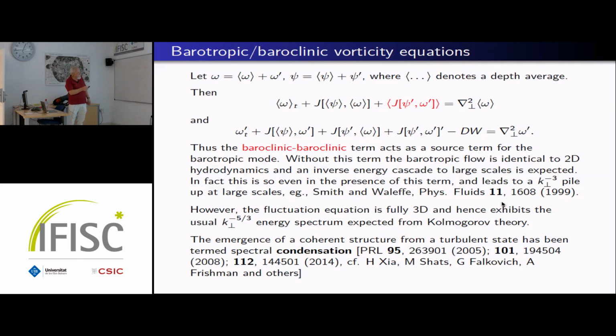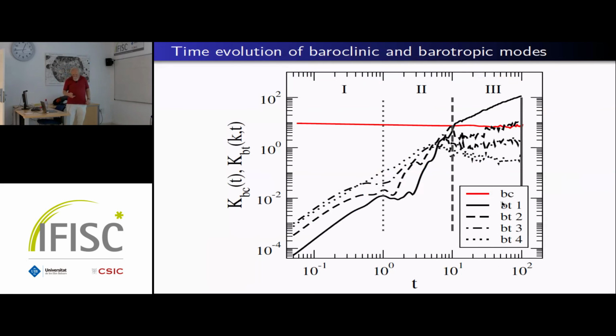But we've seen that even with this term present, under some conditions, you can get a condensation in the largest possible scales, even though this is not a 2D problem. I want to emphasize, it's not a 2D problem. Now, what do you see?